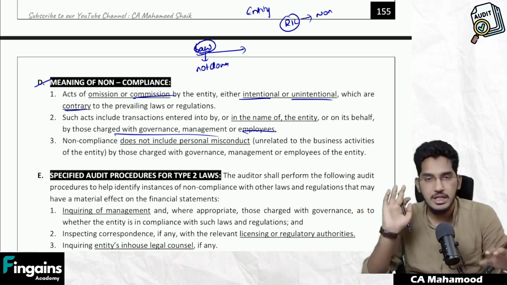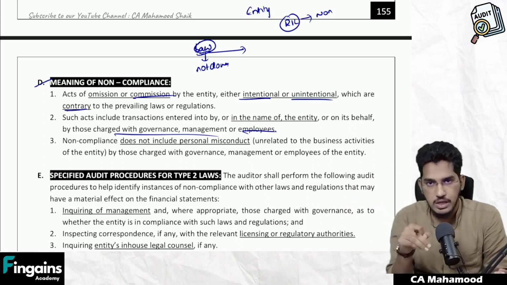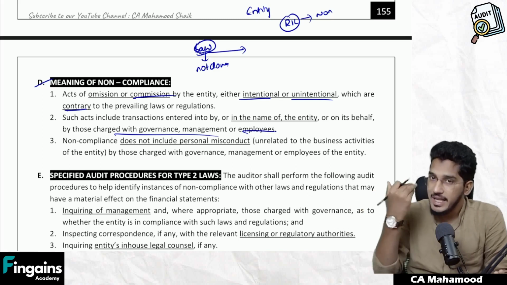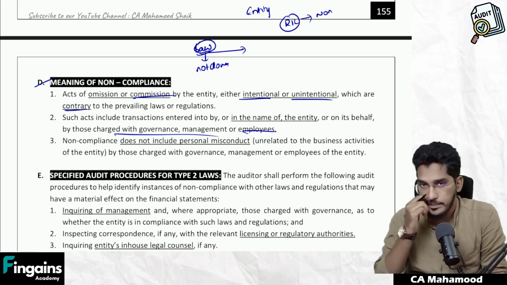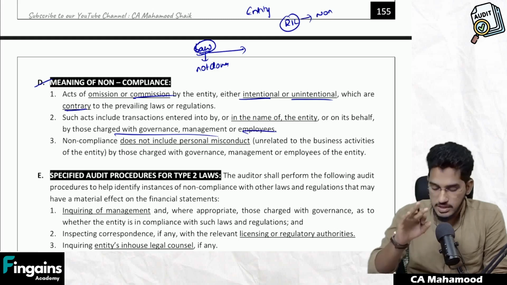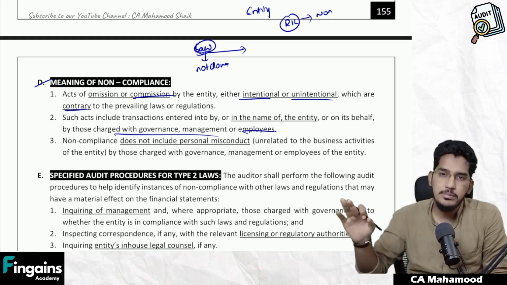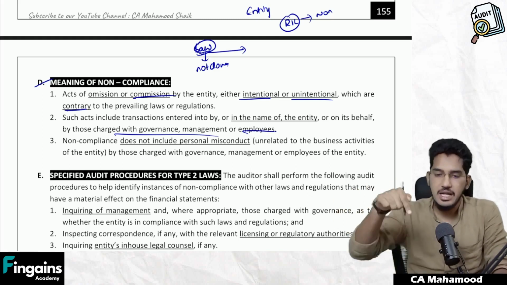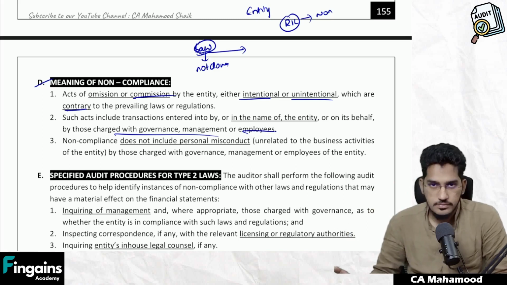The office building will not go into non-compliance. When I say Reliance has made a non-compliance, it means that in the name of or on behalf of the entity, some management, some of those charged with governance, or some employees did some activities in the name of the company which are against the prevailing laws and regulations.